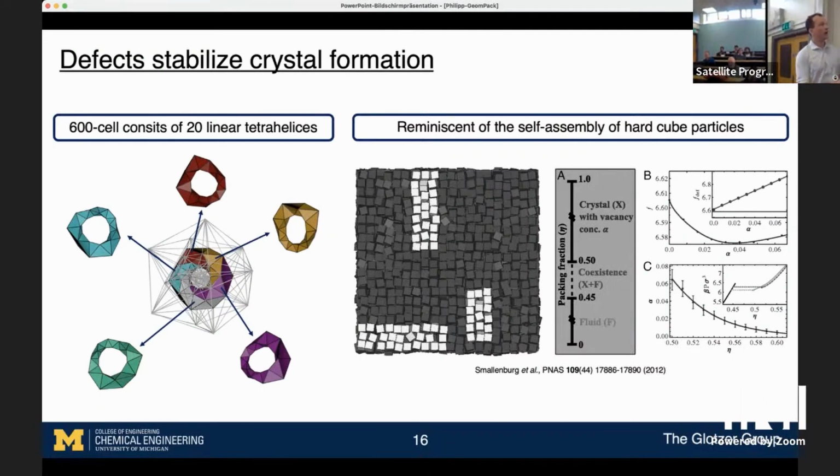This is because you have these kind of linear modes where you can slide a square up and down. And we have the same thing in the 600 cell, because the 600 cell is also comprised of these tetrahelices, which you can also slide. So it's an analogous system, both for the tetrahelices and for these cubic phases.